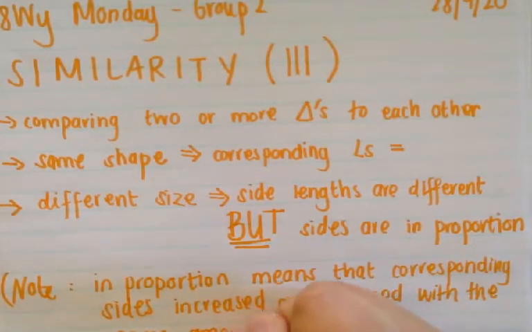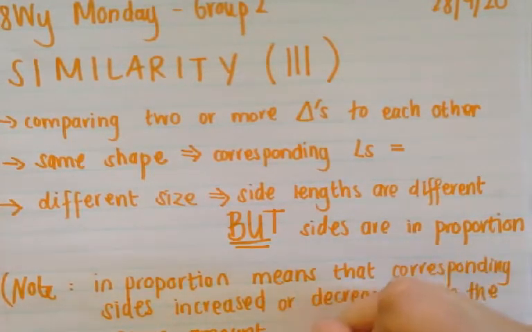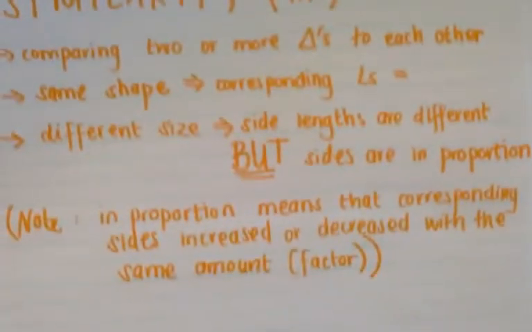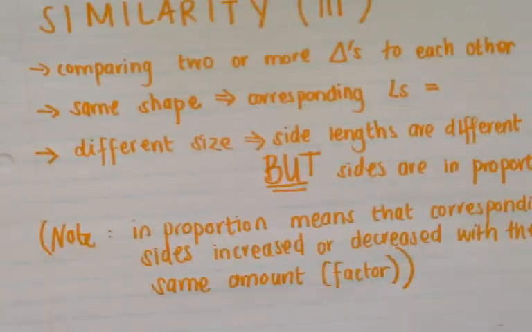And when I say same amounts, we actually have a mathematical term. It's called a factor. So each side increases or decreases with the same factor.